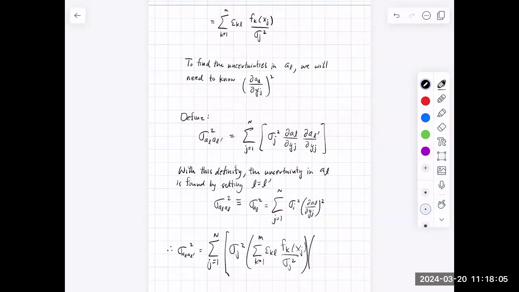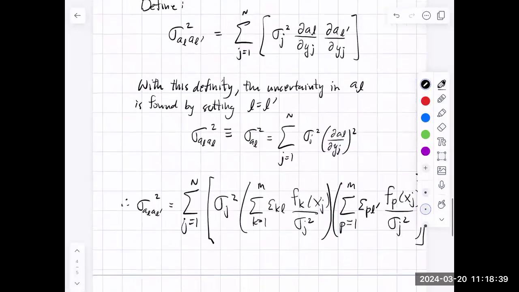I just wrote down that expression at the top exactly as it is. Now we're going to have another sum, I'll use an index P for this case. It's a sum from 1 to M, and then we'll have epsilon P L prime, and then FP of XJ over sigma J squared. This is all going to fit just barely. Okay, so there's our big mess.